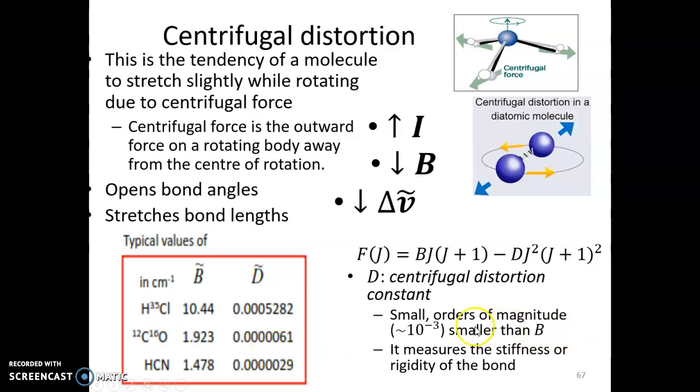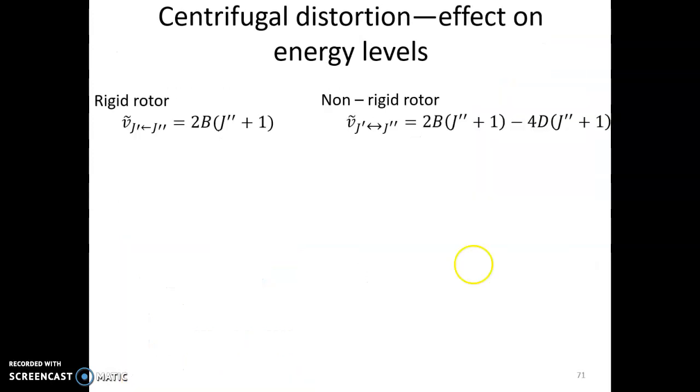It is really small compared to B. And for HCN, it's even way smaller. So even though it's important, the effect is not always very large.